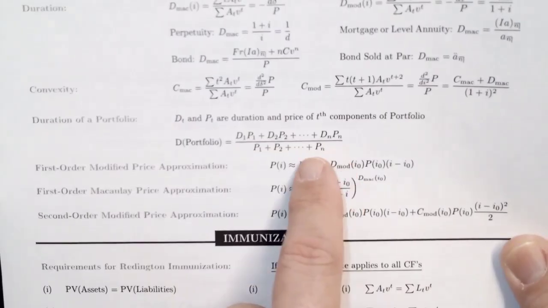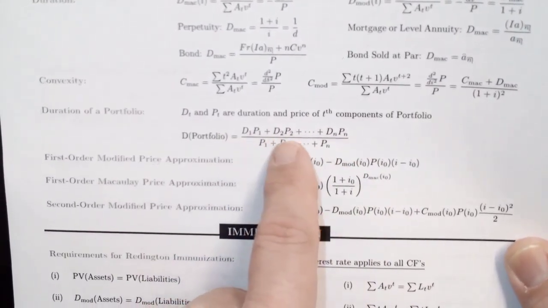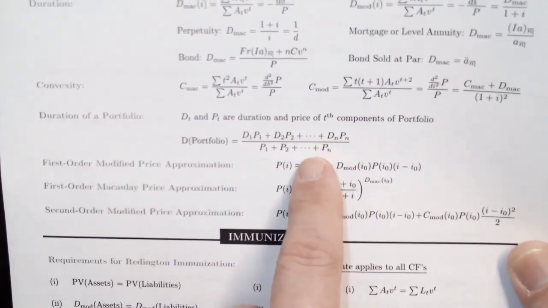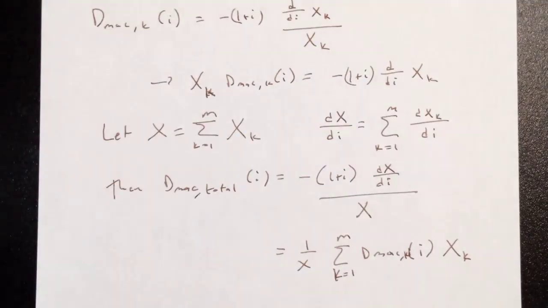Then my Macaulay duration is really the sum of the duration times the piece over the sum of the pieces. This is another weighted average.